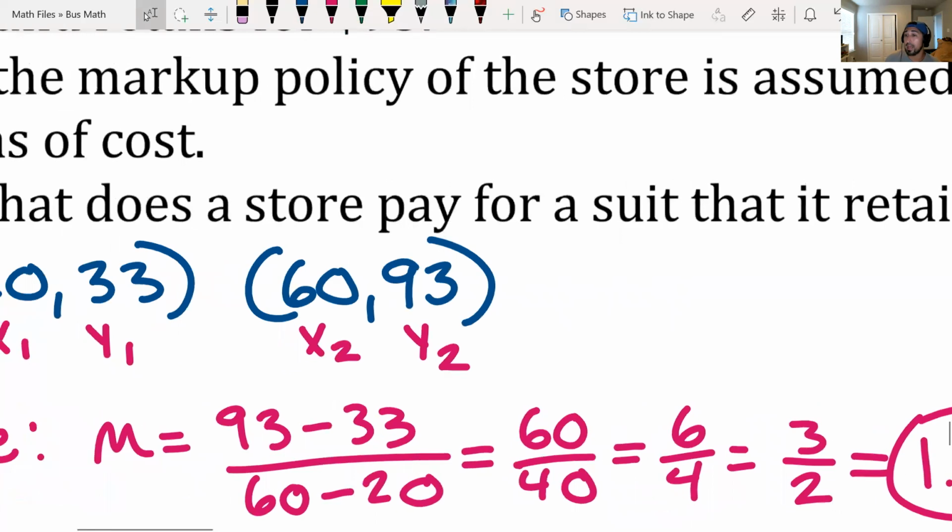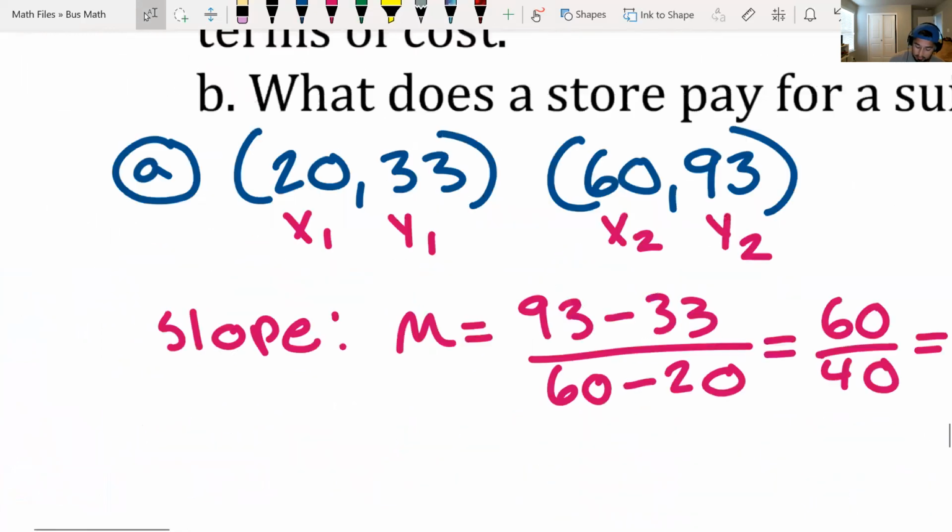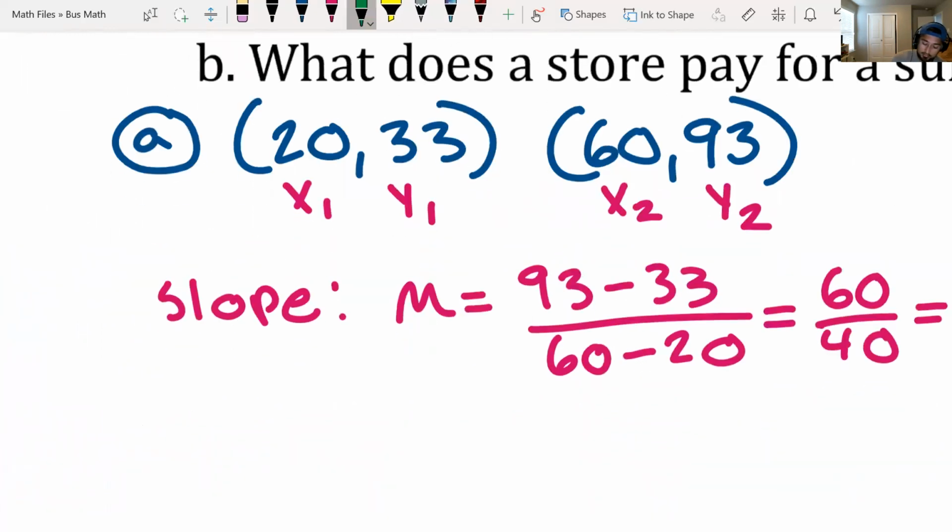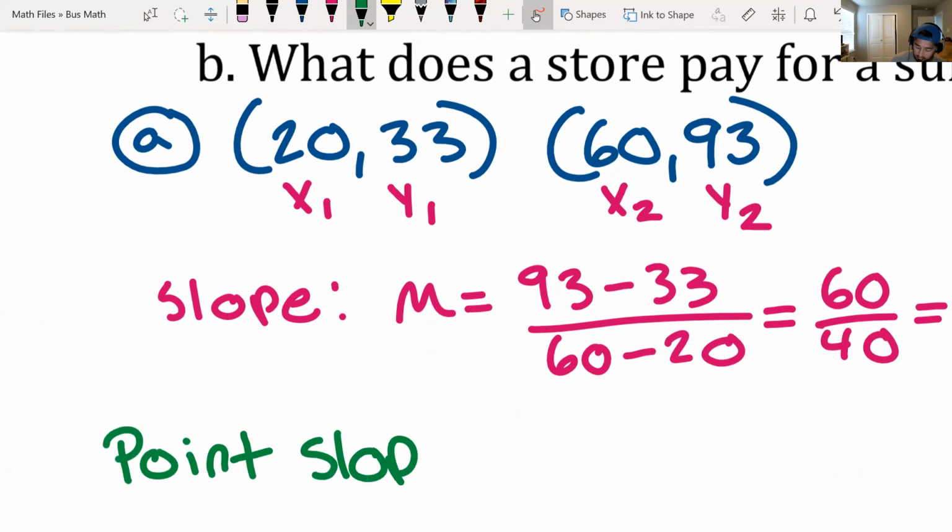Now, we have a slope, we have a point. Let's go ahead and find the equation. And to find the equation, we will use the point slope formula.